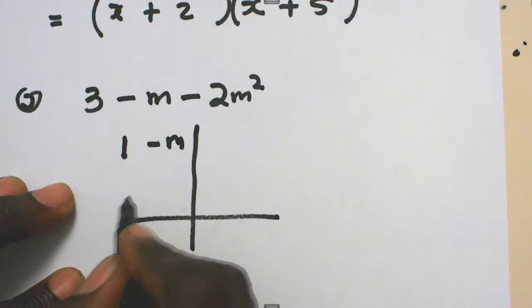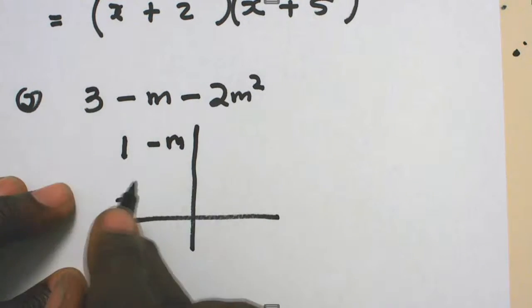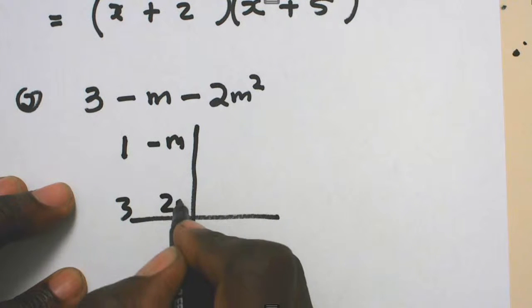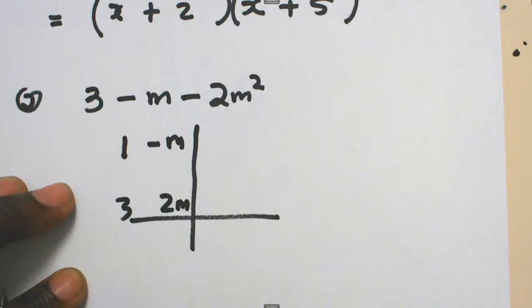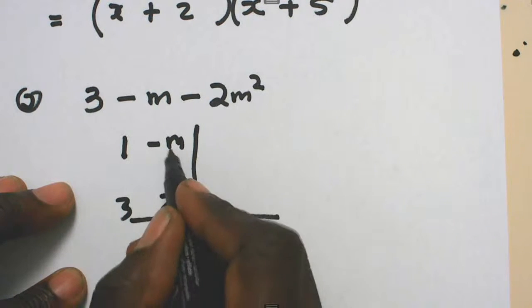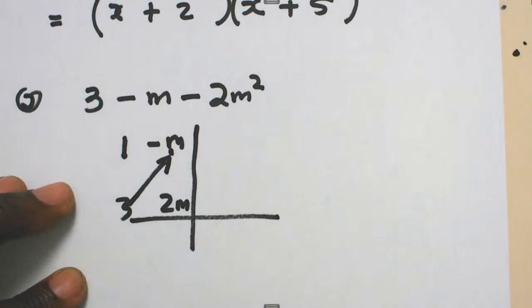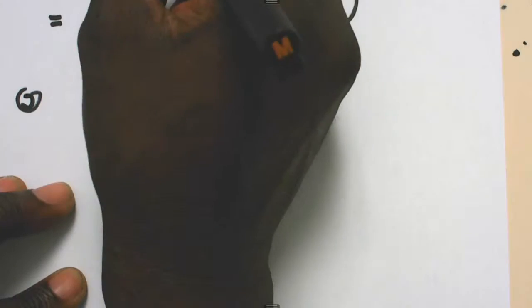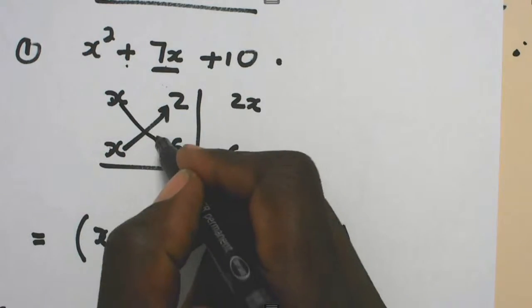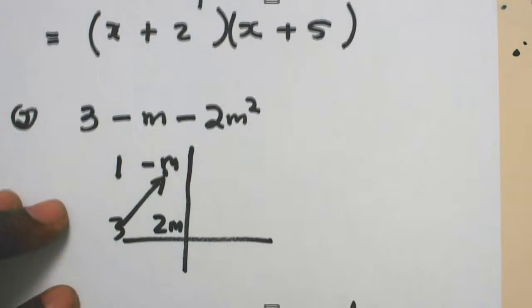And then this 3, because when you multiply this, you're going to get 3 and 2m. When you multiply this way, and also multiply that way, the same way here we're going to apply that procedure.